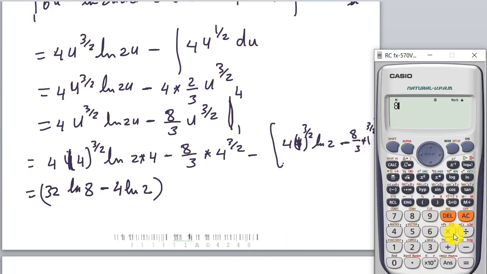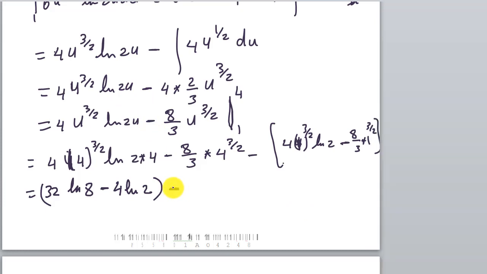8 divided by 3 multiplied by 4 power 1.5 minus 8 divided by 3, minus 8 divided by 3, 56 divided by 3. So it will be minus 56 divided by 3.